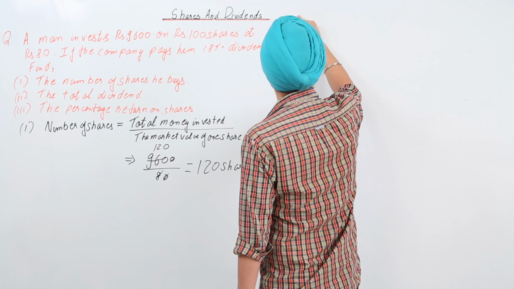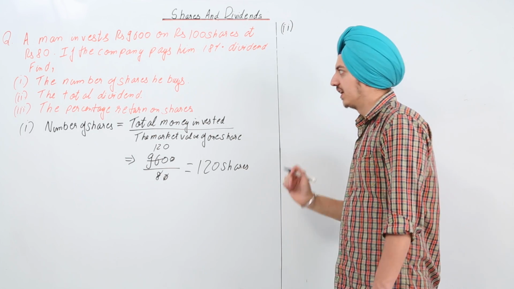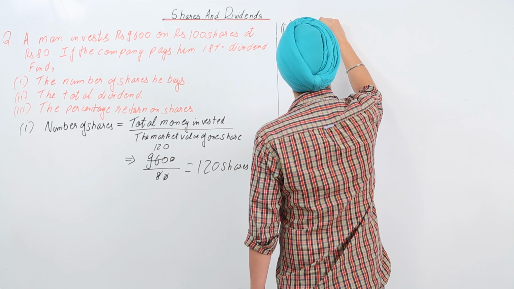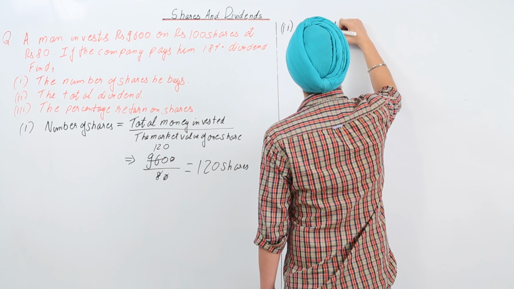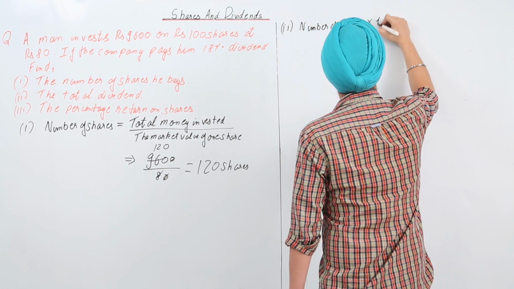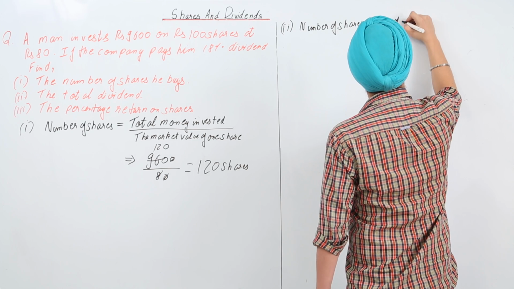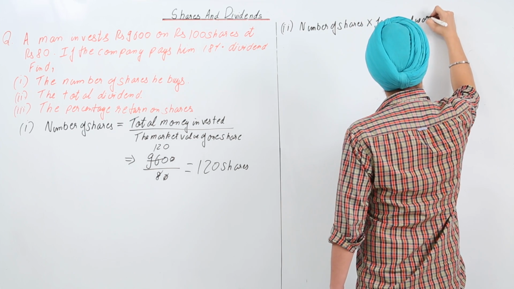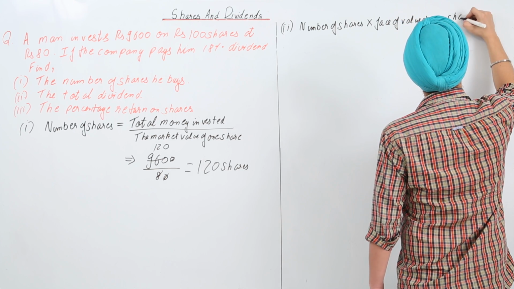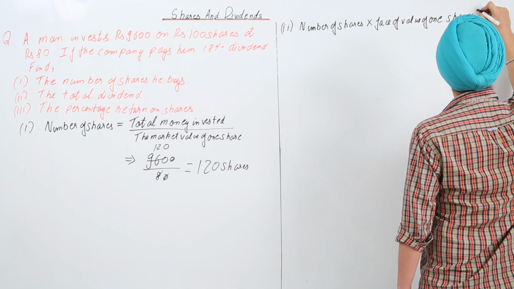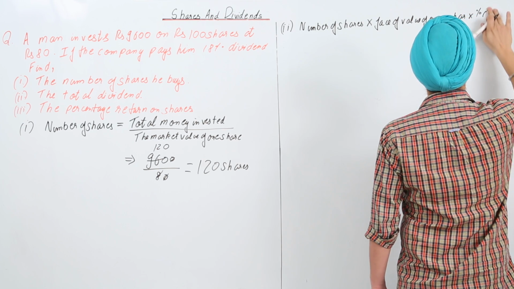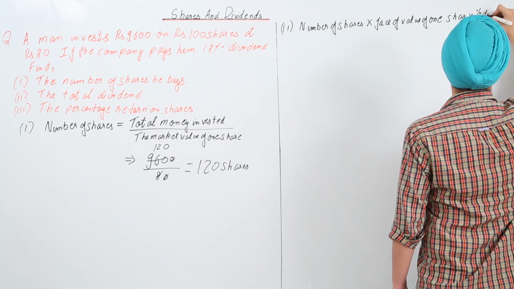Now we know there's a formula to find out the total dividend, which is number of shares into face value of one share into percentage dividend.